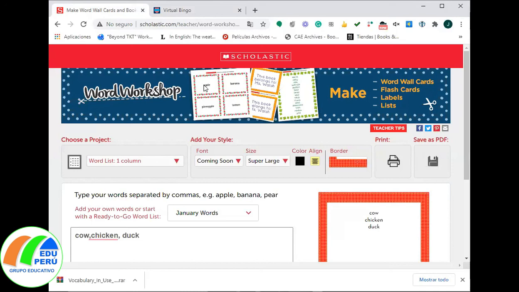I'm going to show you these web pages, how to create your resources online, how to create word searches. There are a lot of pages, but I'm going to show you one or two. One of them, I don't know if you have heard about it, to create this kind of virtual material, is Educaplay.